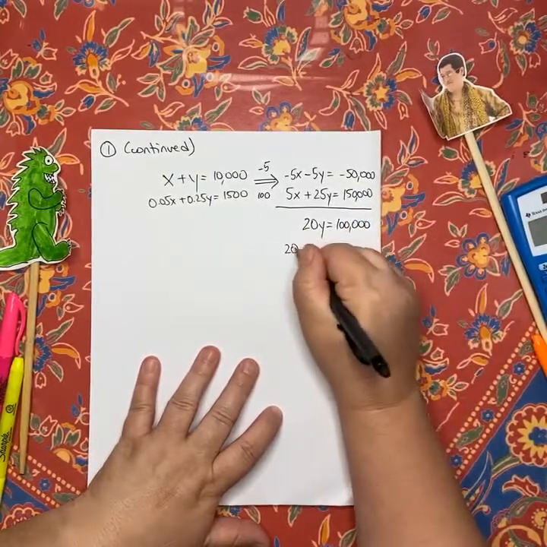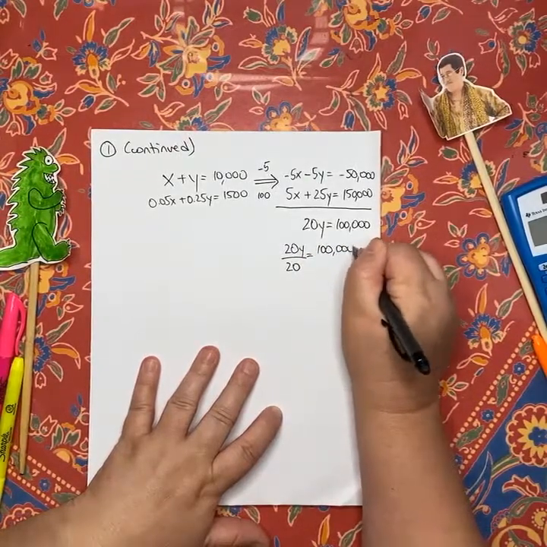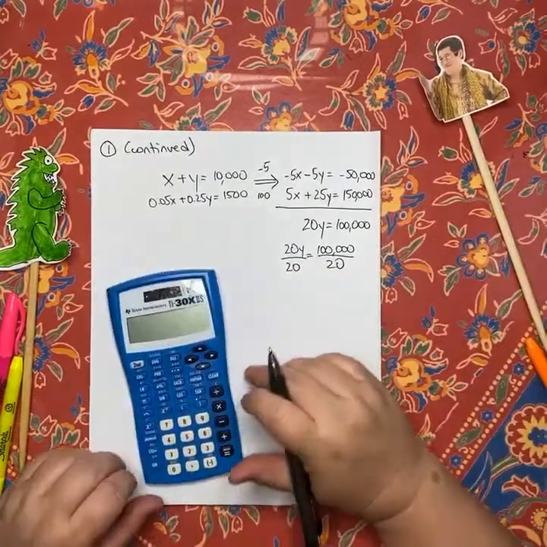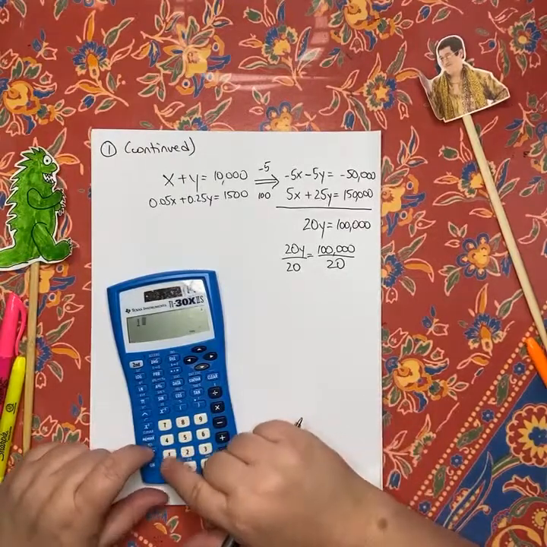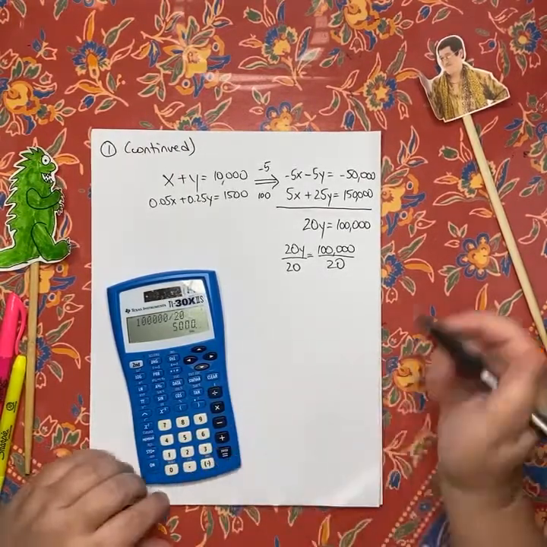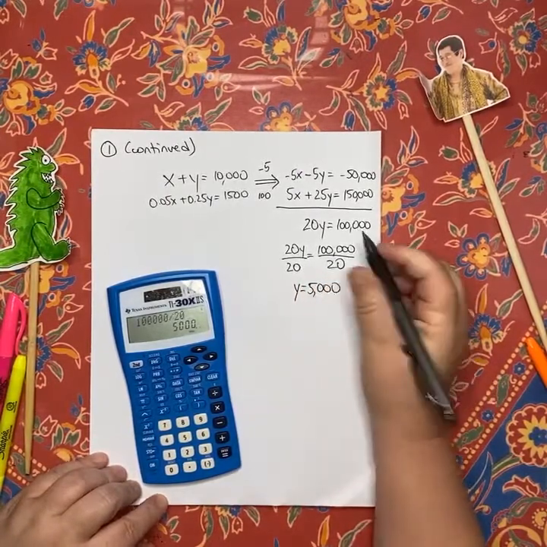So then 20y over 20 equals 100,000 over 20. Now, when there are this many zeros, I would try to do this in my head, and that's awesome, but I'm also going to double check it. Divided by 20 equals y equals 5,000.